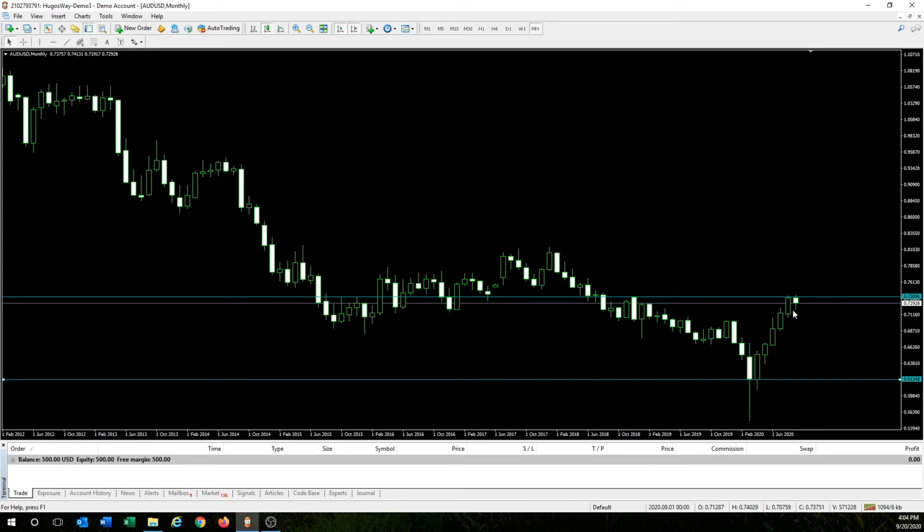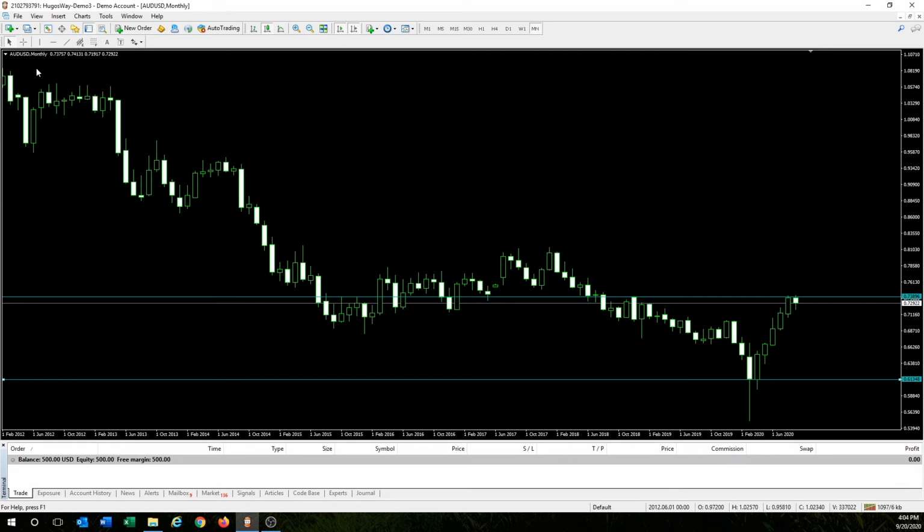So in the last 6 months, 1 Australian dollar used to buy 61 cents US dollar, but in the last 6 months, price has been going up, up, up, up, up. And now 1 Australian dollar can buy 73 cents, almost 74 cents US dollar. So that's how we interpret the chart.